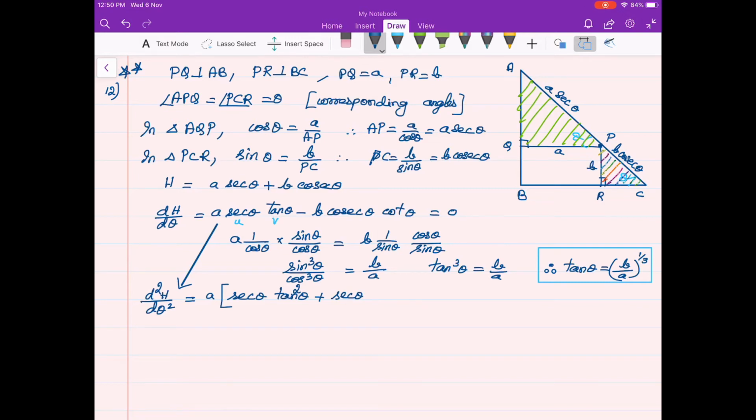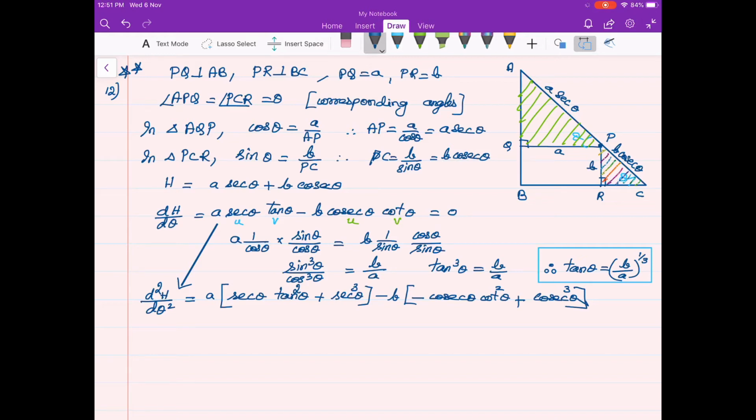Secant square theta into secant theta will become secant cube theta, minus b times, we will use product rule for cosecant theta into cot theta, u and v. u dash, differential of cosecant theta is minus cosecant theta into cot theta, into v is cot theta, therefore cot square theta, and then cosecant theta into derivative of cot theta is minus cosecant square, therefore it becomes minus cosecant cube theta.